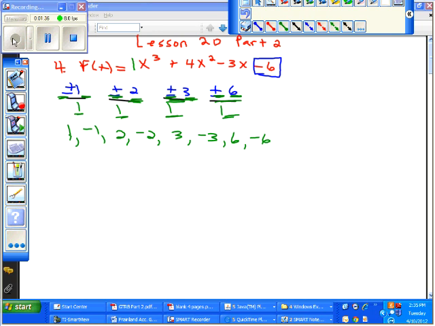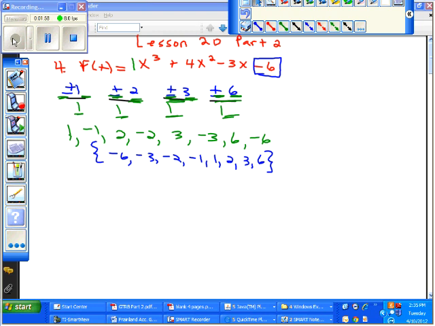And we will align those from least to greatest: negative 6, negative 3, negative 2, negative 1, positive 1, positive 2, positive 3, and positive 6. So here is the list of all of the possible real rational roots.